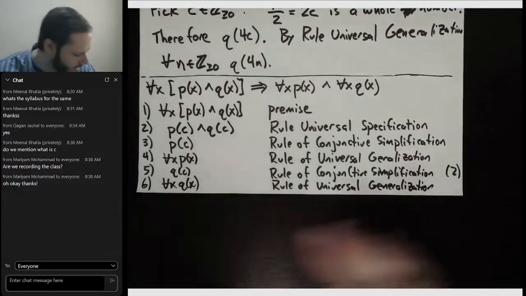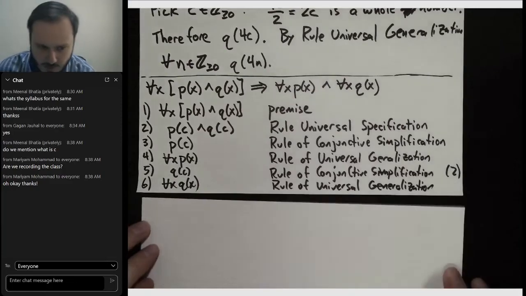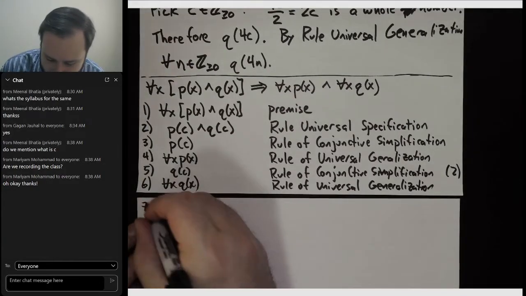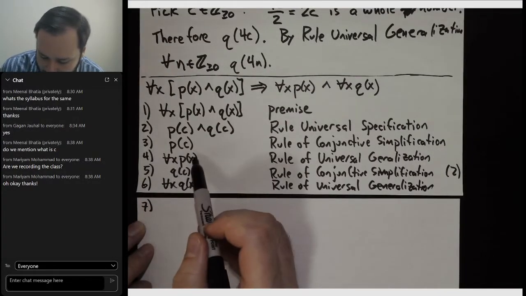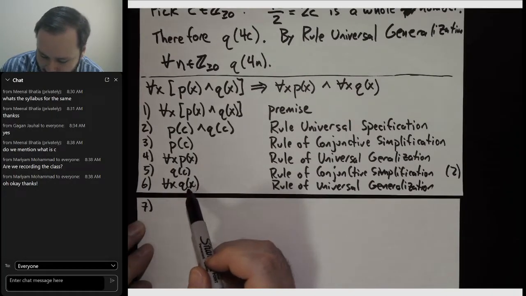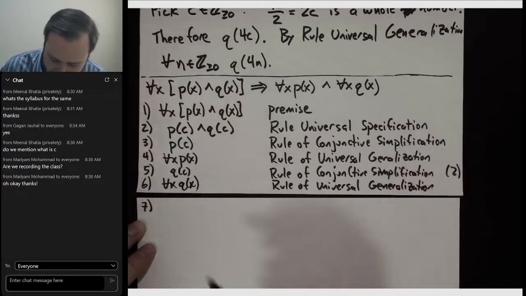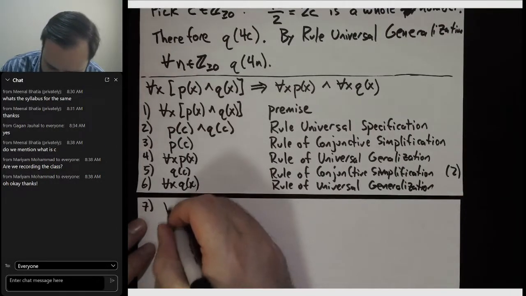And then I need one more line. Line 7. Now I have for all x P of x. I also have for all x Q of x. I want to combine them somehow. I can combine them using the rule of conjunction.